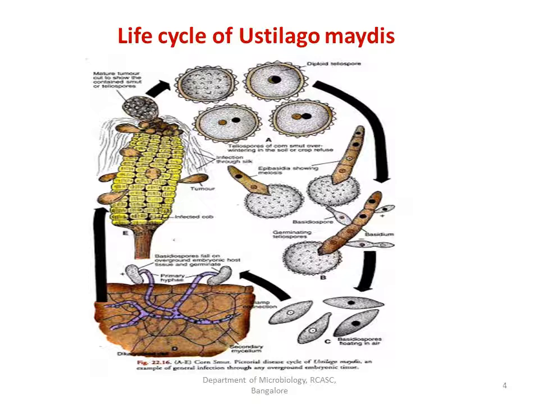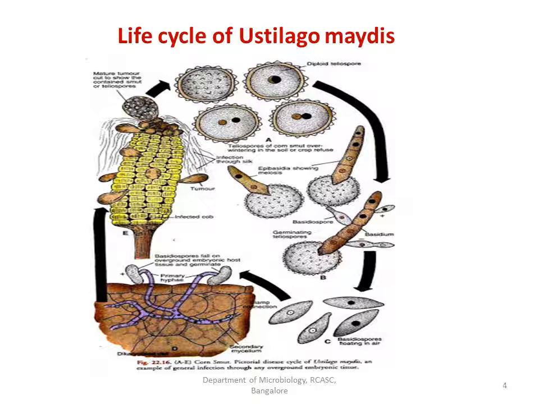You can see the dikaryotic spores called teleospores in image A. These are round in shape, made up of two wall layers, exine and intine. The exine is ornamented, and the spore is dikaryotic in nature, made up of two nuclei.